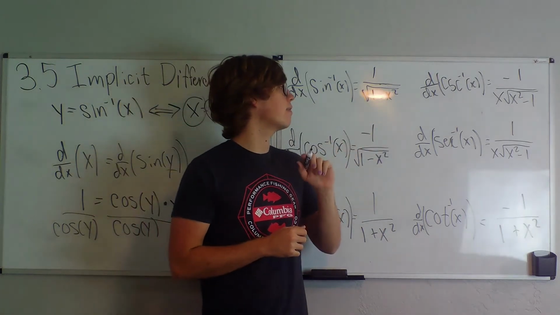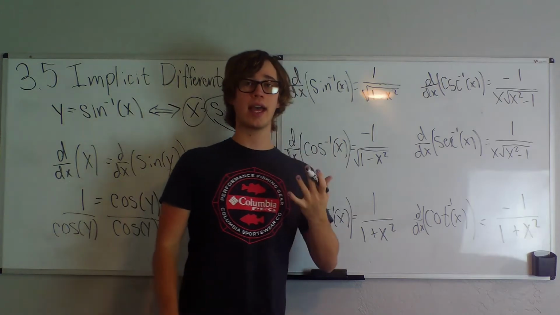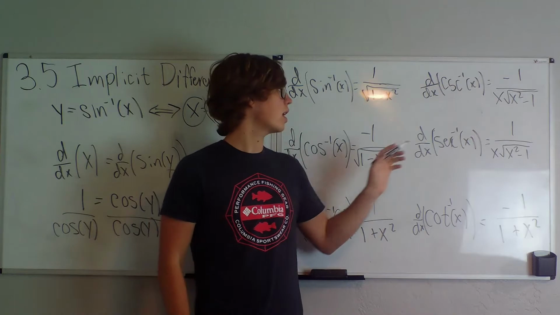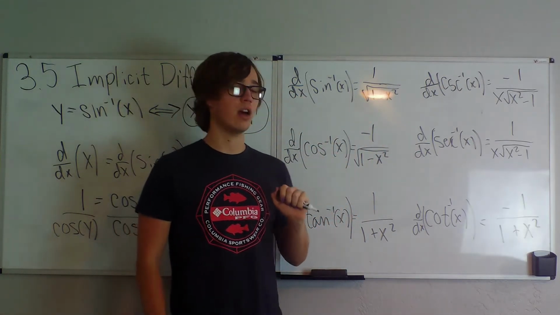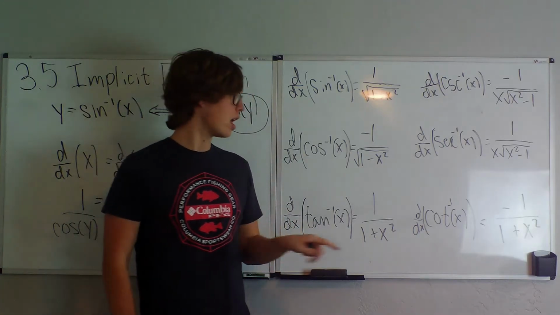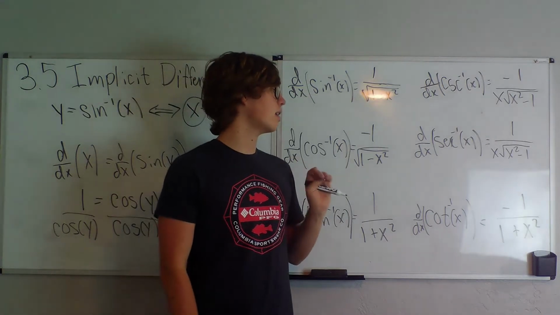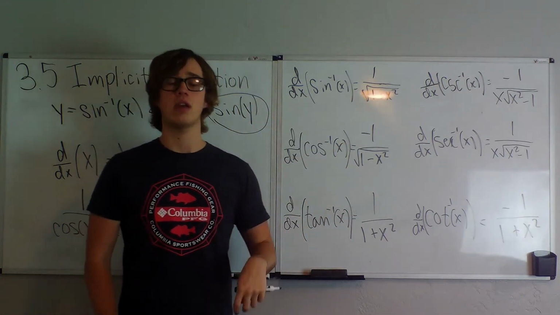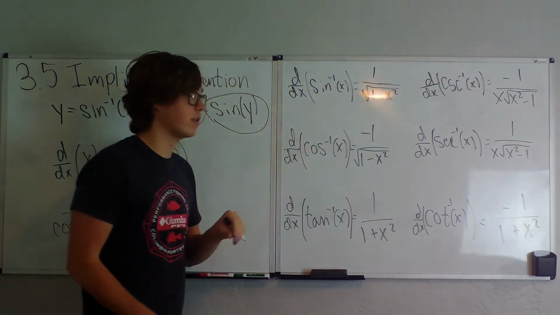And then we have derivative of secant inverse, which is equal to 1 over x times the square root of x squared minus 1. And then finally we have the derivative of cotangent inverse, and that is equal to negative 1 over 1 plus x squared. So these are how you would find your inverse trig functions.